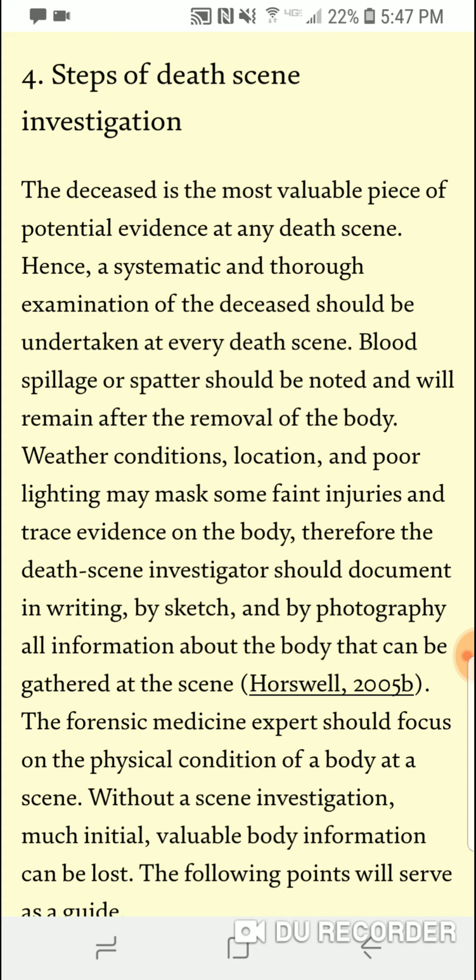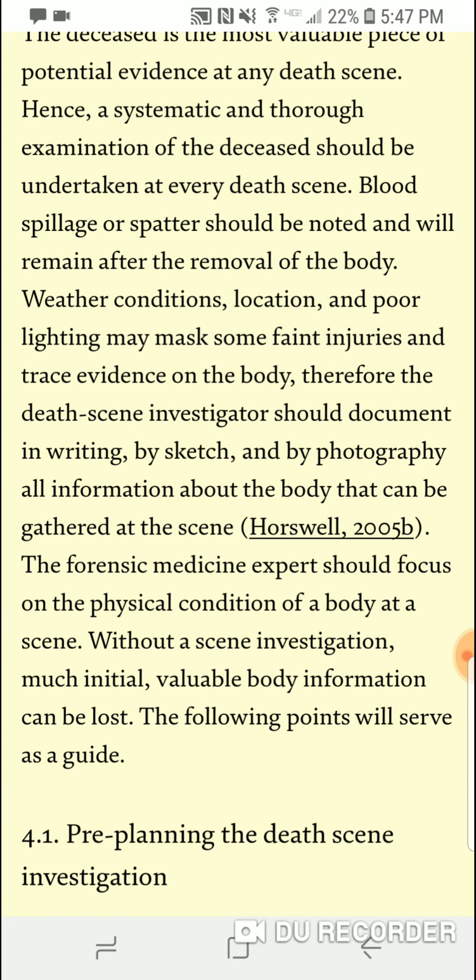Therefore, the death scene investigator should document in writing, by sketch, and by photography all information about the body that can be gathered at the scene. It should focus on the physical condition of a body at the scene. Without a scene investigation, much initial valuable body information can be lost. The following points will serve as a guide.